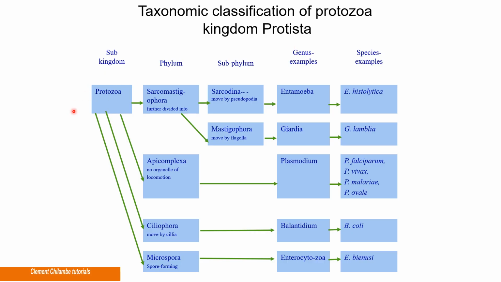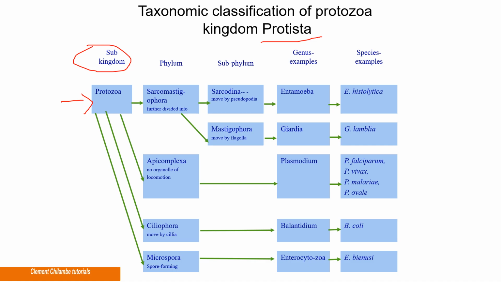Now when we talk of the protozoa here, look at this example. The kingdom is Protista, and the subkingdom here is the Protozoa. Now, the phylum: we have Sarcomastigophora, that is just one.